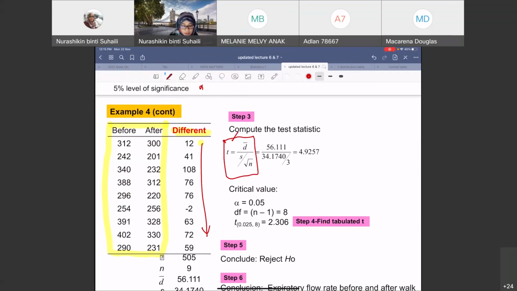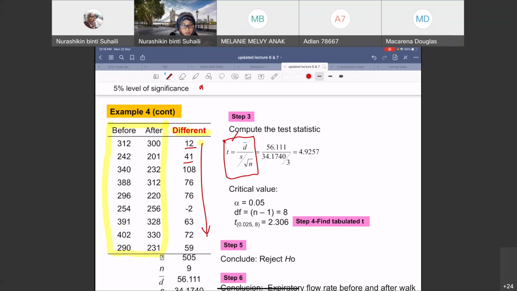For example, you set a difference column and then find the difference, 302 minus 300. It doesn't matter whether you subtract before minus after or after minus before, but just stick to one way.